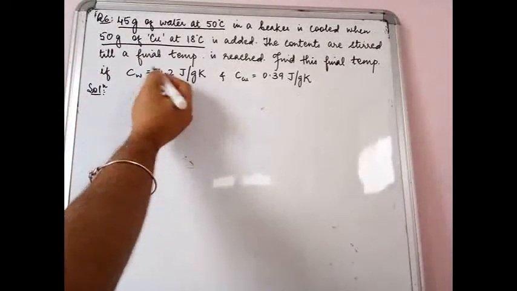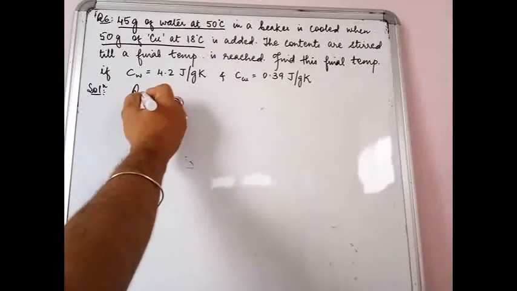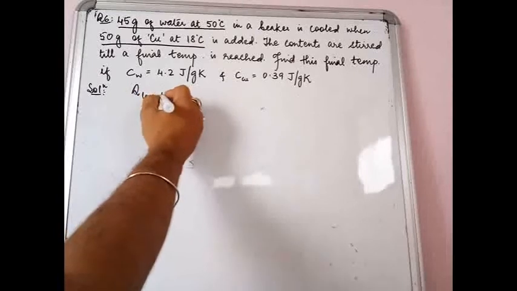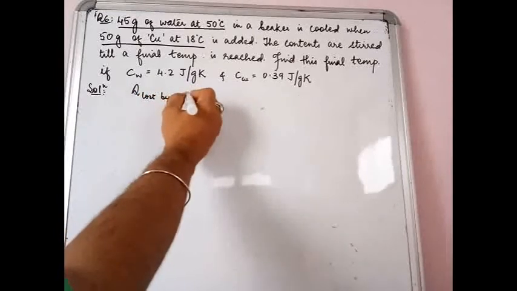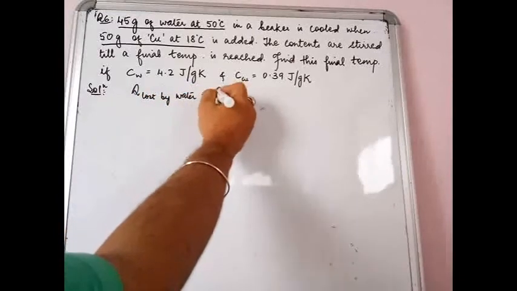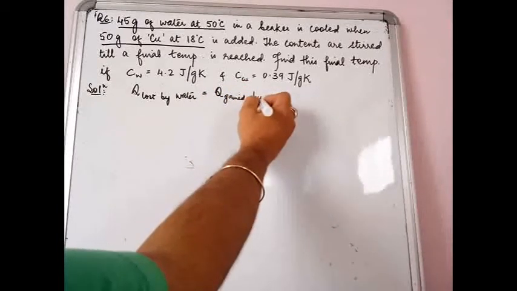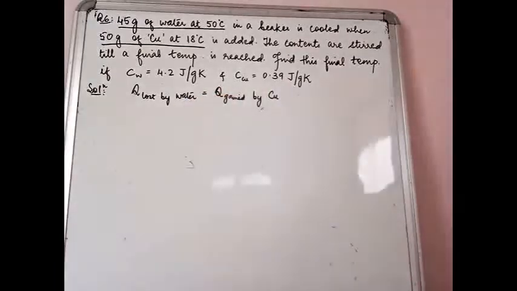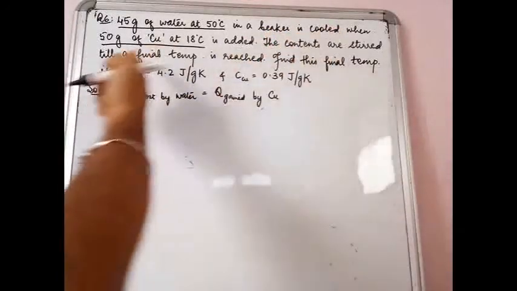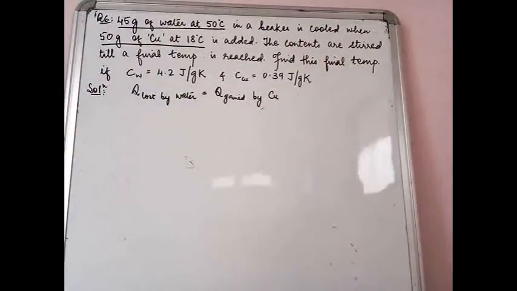Let us write down Q lost by water should be equal to Q, which is heat, gained by copper. Again, this is according to the principle of calorimetry. After mixing they attain a final temperature.